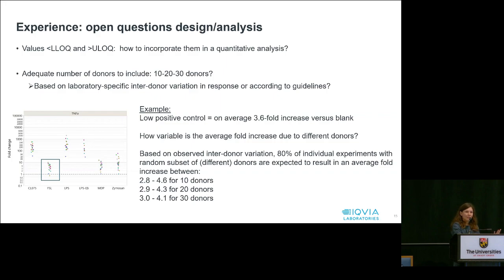When all values are below the limit of quantification, for instance, for a condition, it's very straightforward how to report or interpret that, but it becomes more complicated when a certain condition has, for some donors, detectable concentration, and for other donors, values below the limit of quantification.